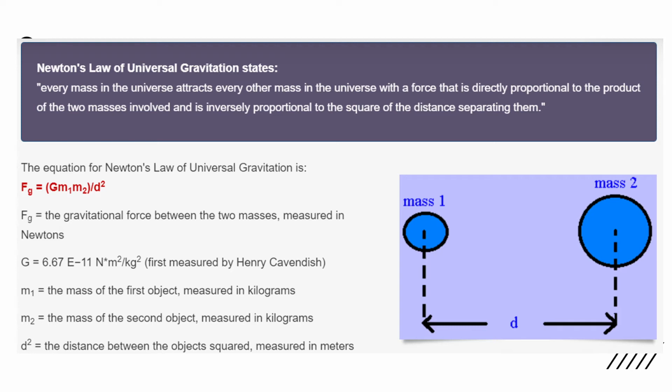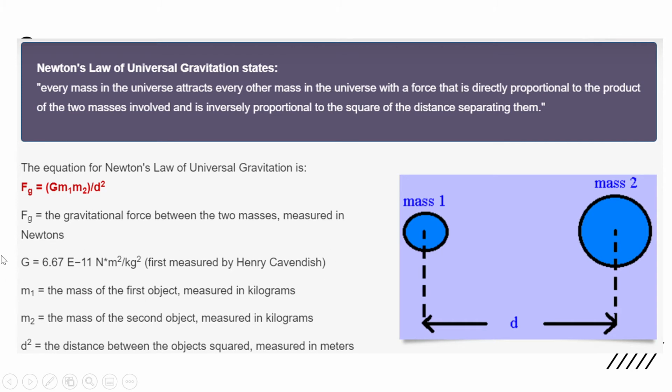Alright, let's continue with letter G. Something important that you have to remember is that scientists have tested this specific value through history. It was first measured by Henry Cavendish, and scientists noticed that it is a constant.